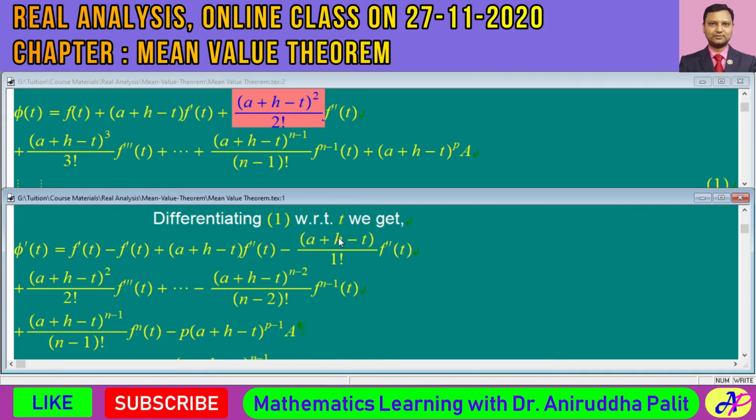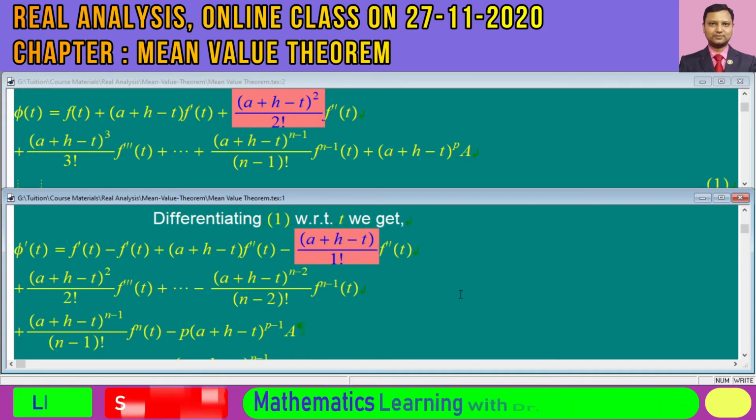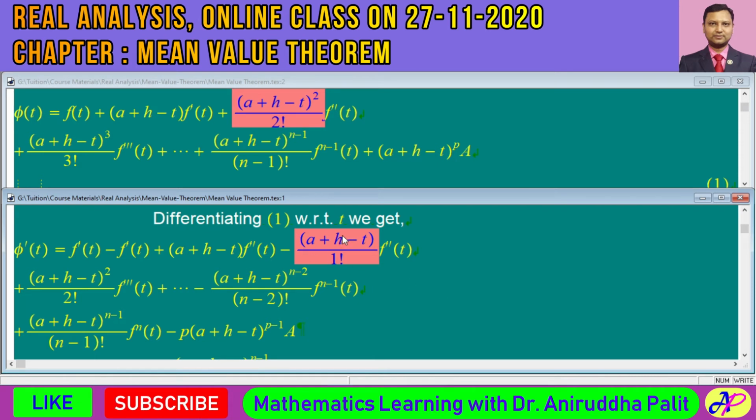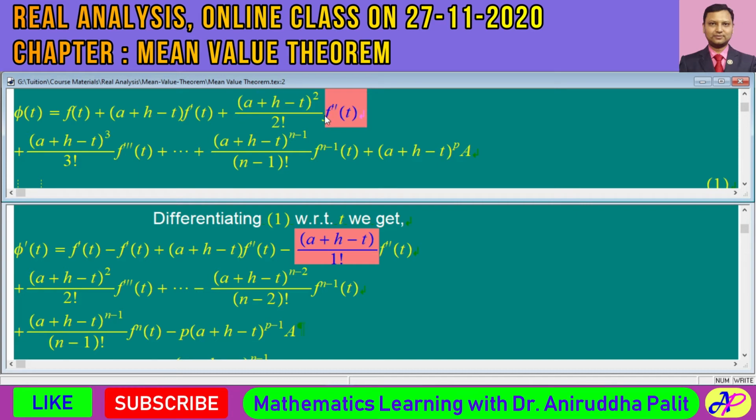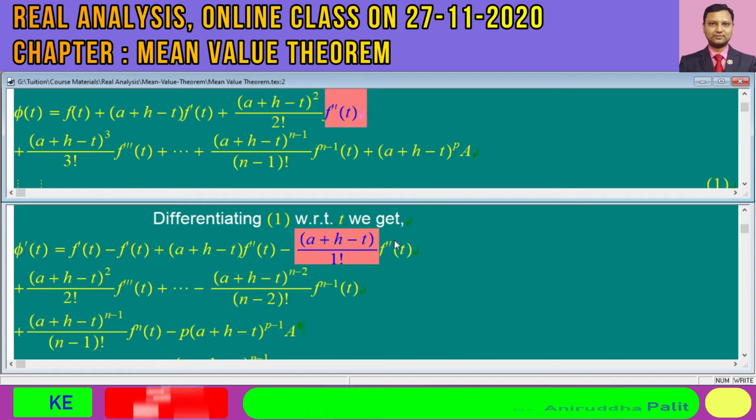So this is the derivative of the first term, and the second term is kept fixed.